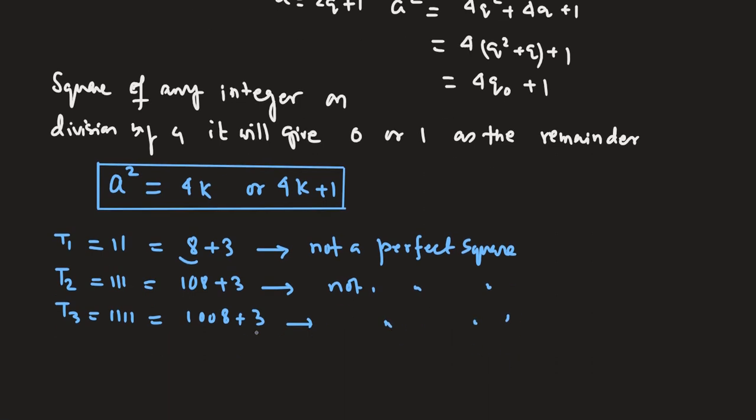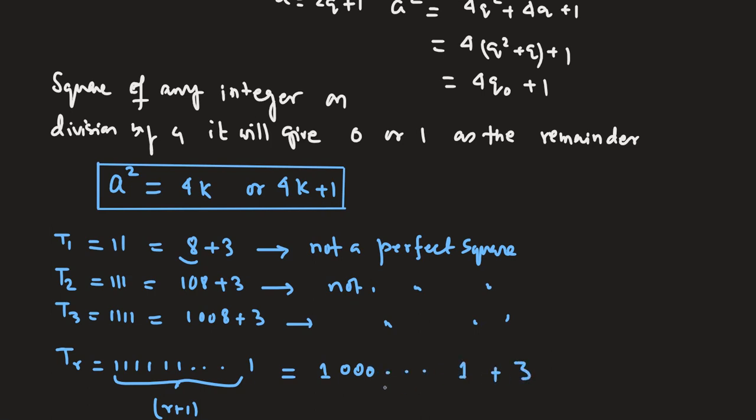So therefore, suppose some number here is t r, which is equal to 1111 and so on. How many 1s are there? r plus 1 are present, which I can write as 1 0 0 0 8 plus 3. So how many 0s are present here? If it is 3 ones, the number of 0s is only 1.